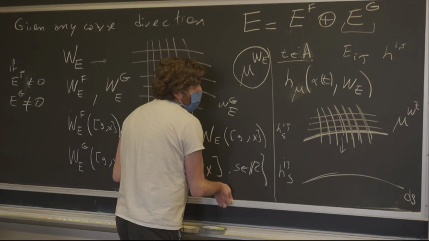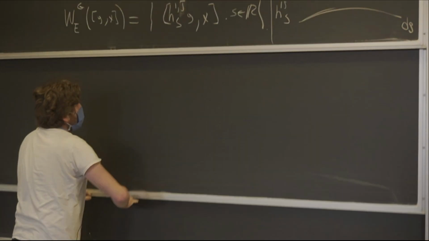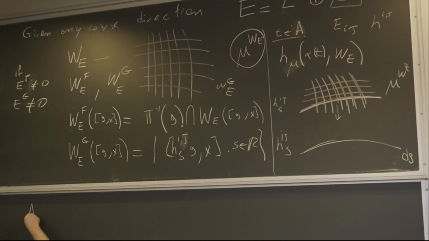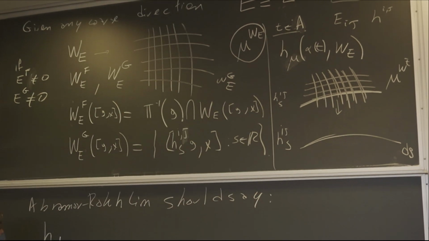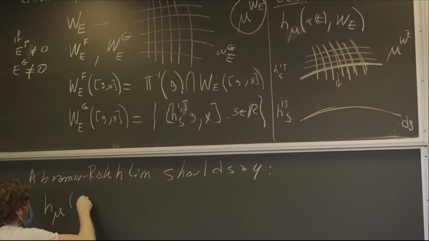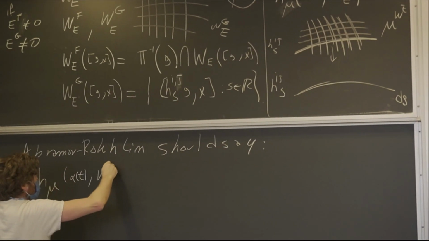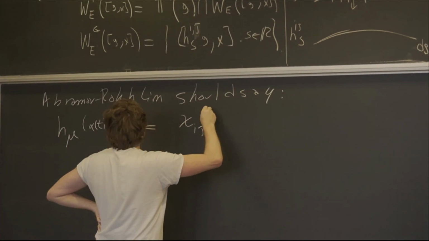So that's what Abramov-Rokhlin should tell me. H mu alpha t is equal to chi ij of t.